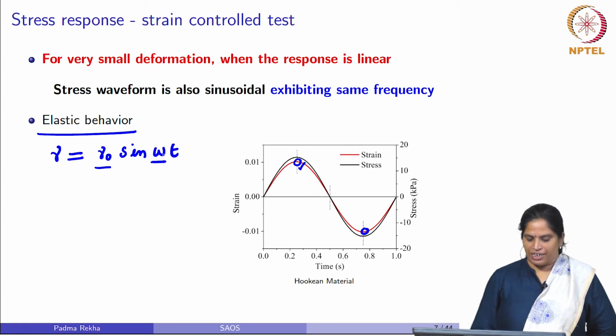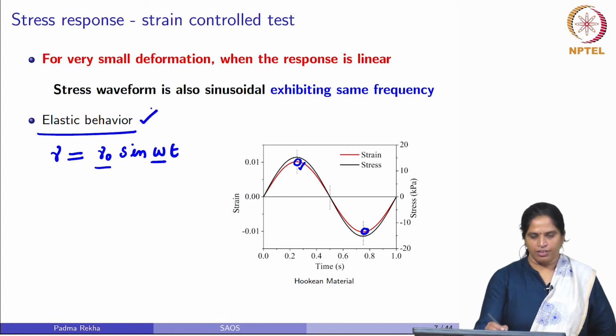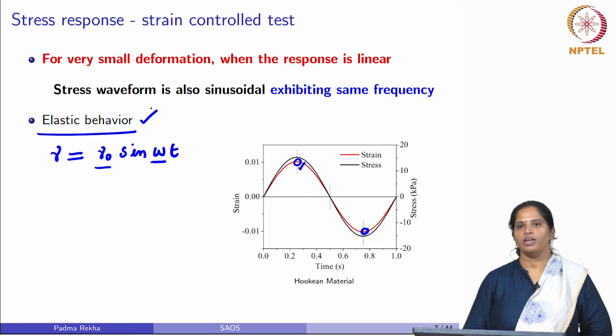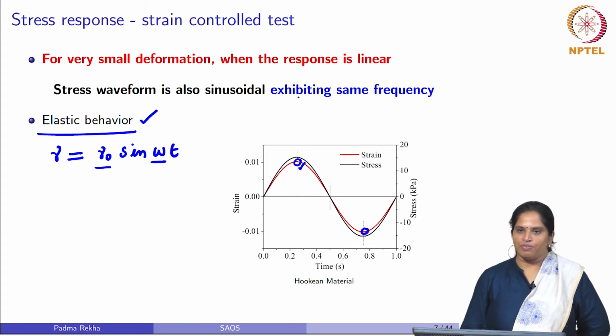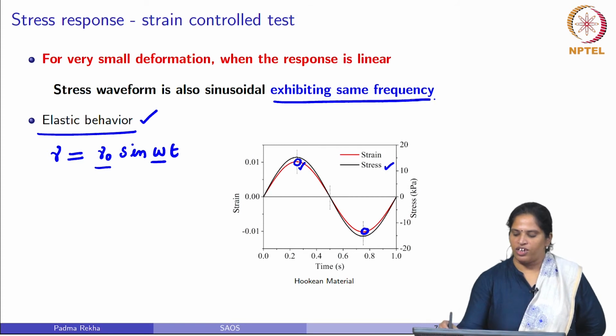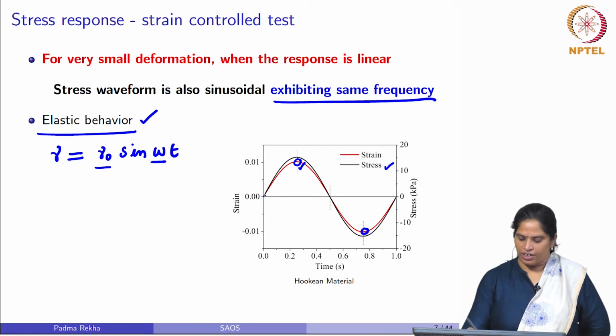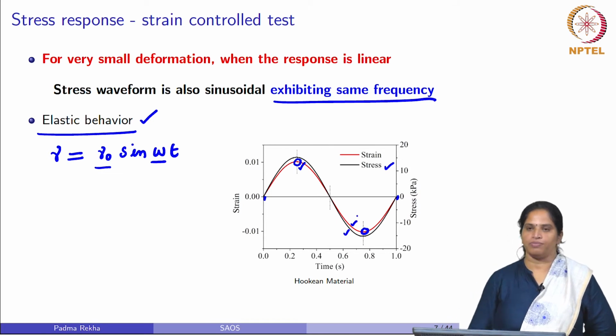Now, if the material exhibits an elastic behavior, the response waveform will also be sinusoidal. The response waveform is a stress waveform here, and it will also be sinusoidal. The main thing to understand is that the response stress waveform is sinusoidal, but with the same frequency. Here you see the time taken to complete one waveform is the same for both stress and strain.